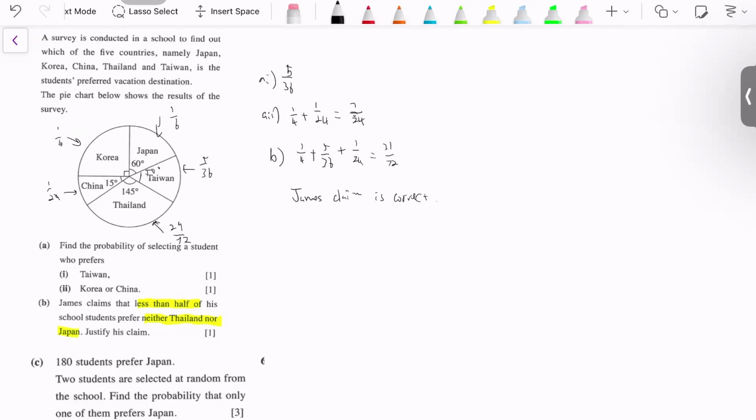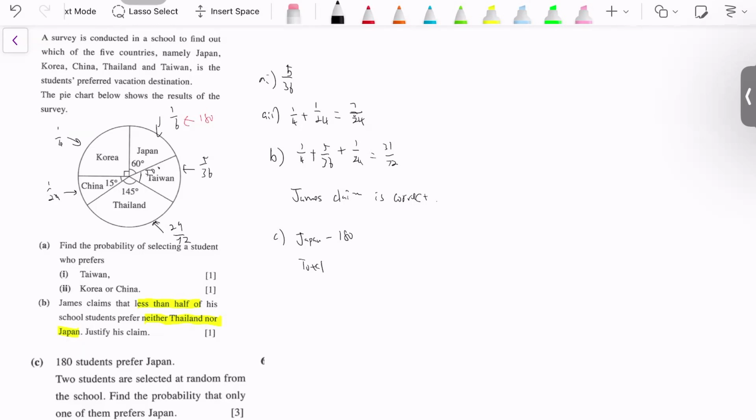Okay. So next, part C. They say that 180 students prefer Japan and 180 represents 1/6. Two students are selected at random from the school. Find the probability that only one of them prefers Japan. So we know Japan is 180.